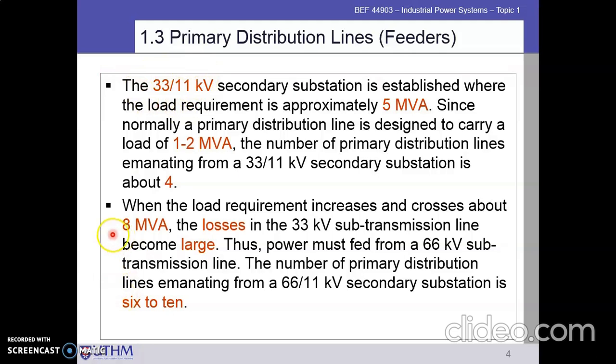When the load requirement increases and crosses about 8 MVA, the losses in the 33 kV sub-transmission line become large. When the power is increased, the losses also increase. The number of primary distribution lines emanating from the 6 to 11 kV secondary substation is 6 to 10, which means the step down ratio is 6 kV to 11 kV.